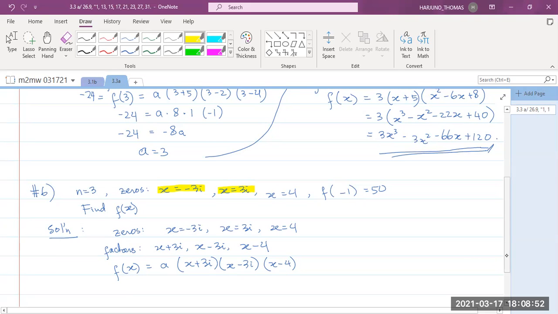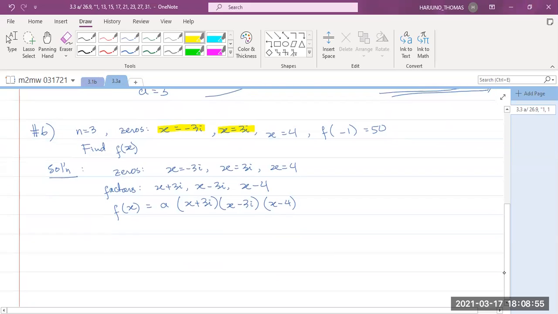Now we want to find the A here. F of negative 1 equals 50, right? When I plug in negative 1, I get (1 plus 3i)(1 minus 3i)(1 minus 4).